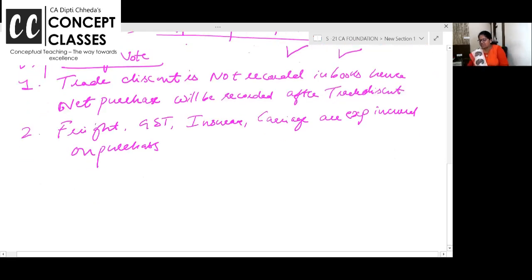Freight, GST, insurance, carriage. They are the expenses which are incurred on the purchases. So they should be recorded separately. You'll record in a separate ledger. They should be recorded separately.